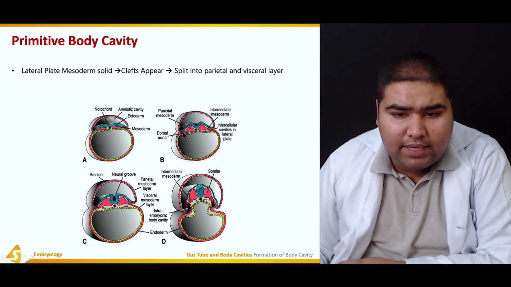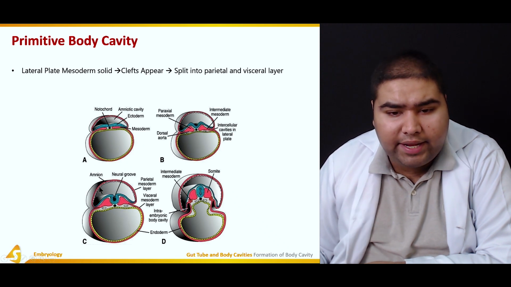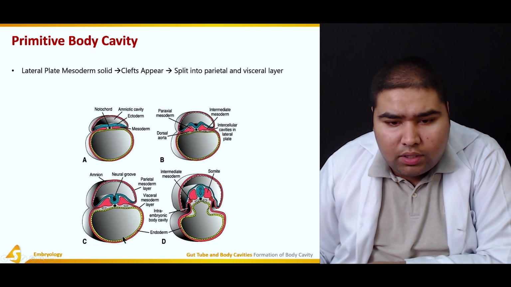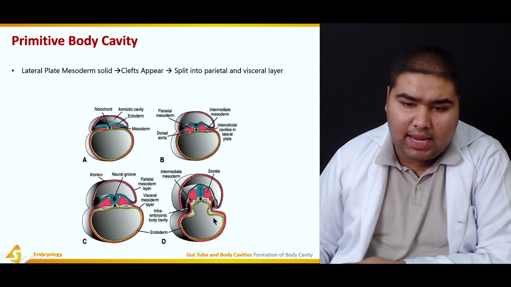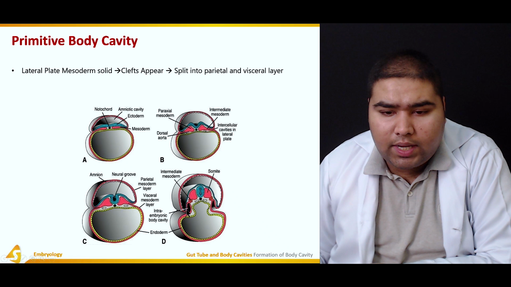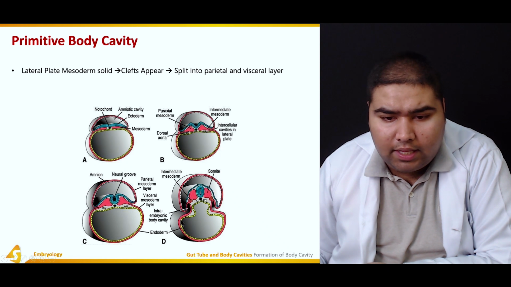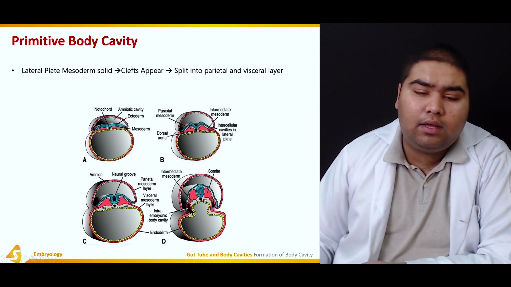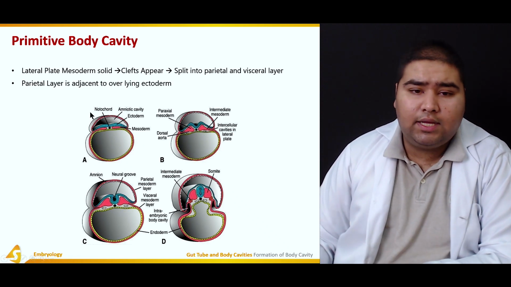These cavities split the lateral plate mesoderm into an upper parietal mesodermal layer, here labeled parietal mesodermal layer, and a lower visceral mesodermal layer. Now you can see, as we were talking in the previous slide, the space between the parietal lateral plate mesodermal layer and the visceral lateral plate mesodermal layer is the intraembryonic body cavity or the primitive body cavity.